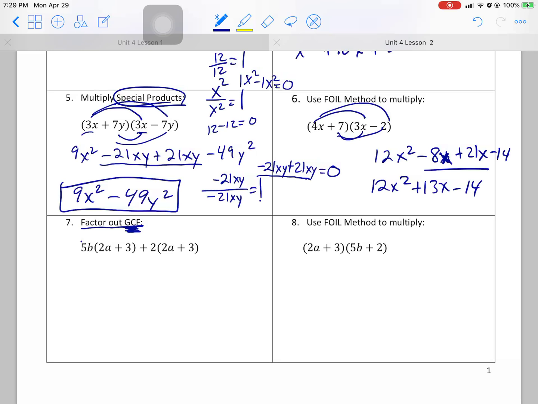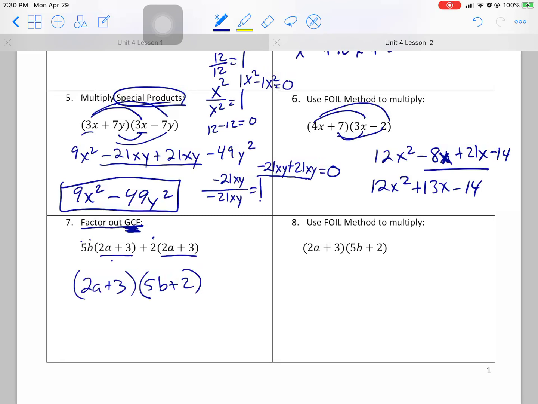The 5 is a factor, the b is a factor, and then this whole binomial is a factor, okay? 2 is a factor, and then this whole binomial is a factor. So the common factor that they have is 2a plus 3. That's a factor that they have in common. And remember how we did it up there. We took out the common factor, put it in front, and put the rest that's left in parentheses.